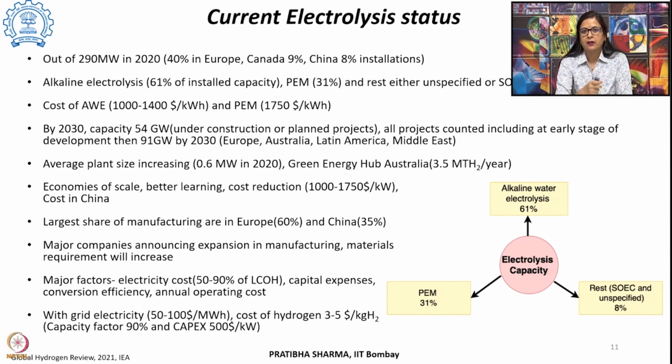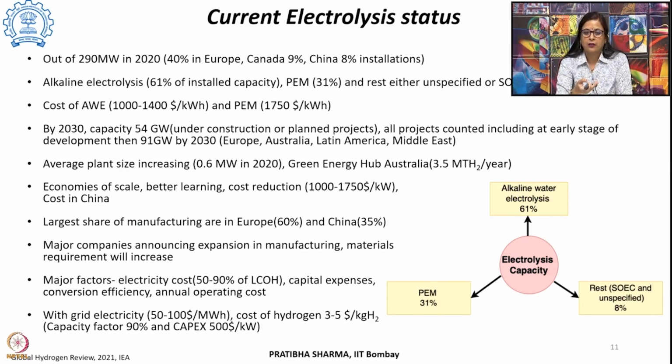We know that with grid electricity, considering the electricity price of $50 to $100 per megawatt hour, this may not reduce the cost of hydrogen, and the cost of hydrogen will be roughly between $3 to $5 per kg of hydrogen produced, considering a capacity factor of 90% and capex as low as say $500 per kilowatt.